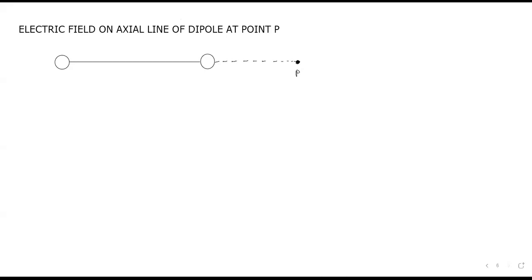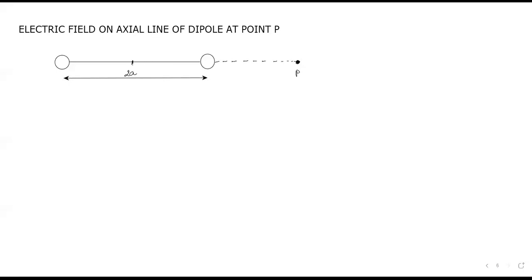The separation between these two charges is 2A. We are taking it as 2A, and this is the center of the dipole.